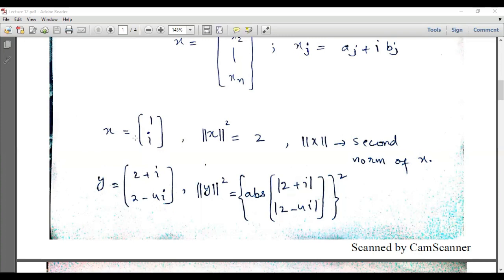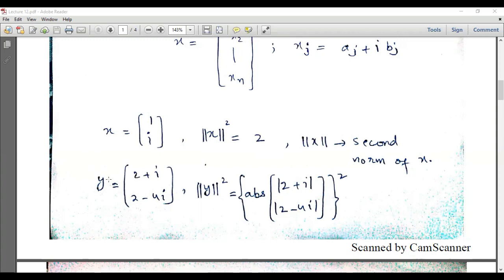So again, I will repeat. The first norm will convert these complex components into real components, and the second norm will convert that vector into a scalar, right? So if you evaluate the second norm of a complex vector, that will simply give you a scalar number.